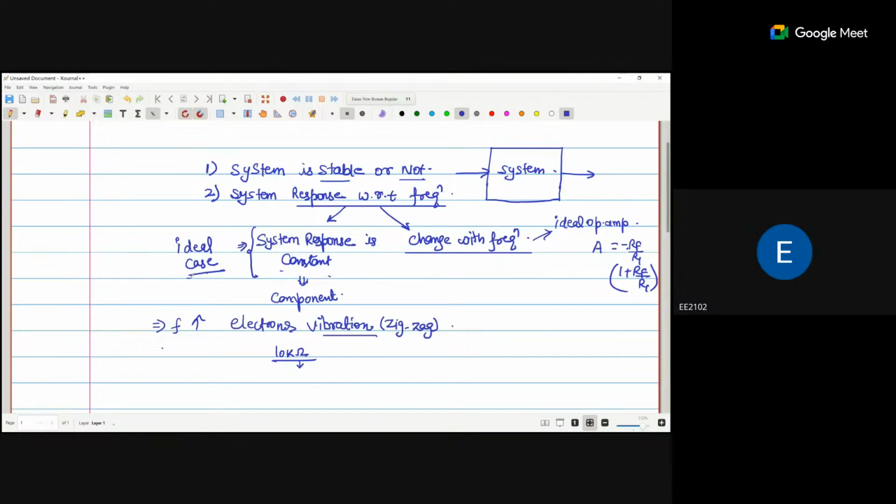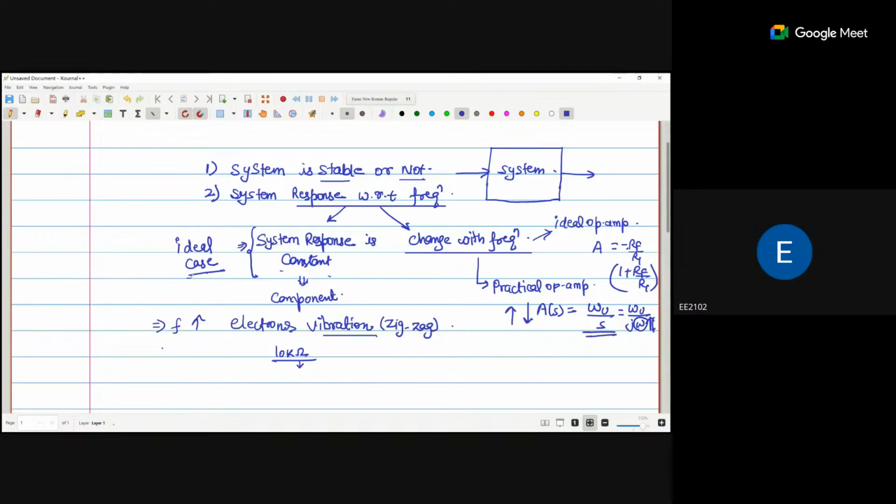So it is a constant gain, no change. But if we are talking about the practical op-amp, A(s) is omega_u by s, which is dependent on frequency. Omega_u by j omega, where s is equal to j omega. If you increase the frequency, A(s) will decrease. If you decrease the frequency, A(s) will increase.